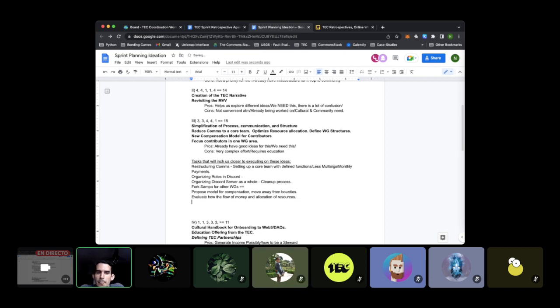I'm going to add. Yeah, go ahead. I just have a question. In terms of forking Sample for other working groups, do you imagine that would imply that we adopt Clarity? Because it's a cool way of managing. I would encourage everyone to use Clarity, because I really like it as a tool, but it's highly dependent on the work that the working group is going to do.